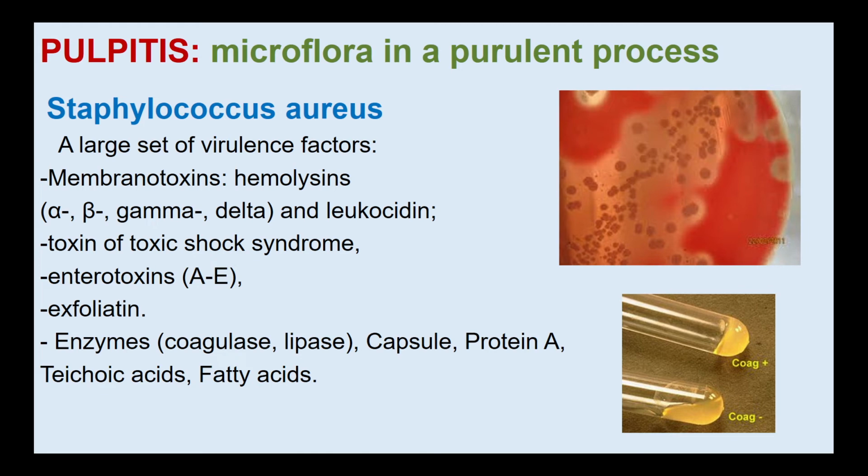These bacteria form a capsule which protects against phagocytosis. Protein A also inhibits phagocytosis and protects against the immune system. Teichoic acid helps these bacteria adhere to the surface of tissue. Fatty acid can stimulate the inflammatory process.